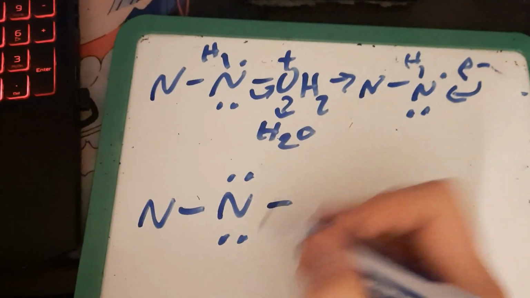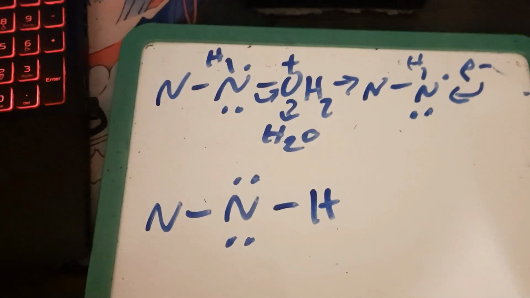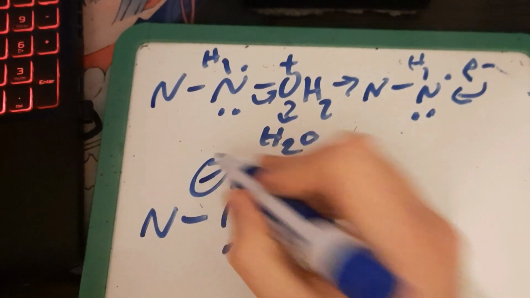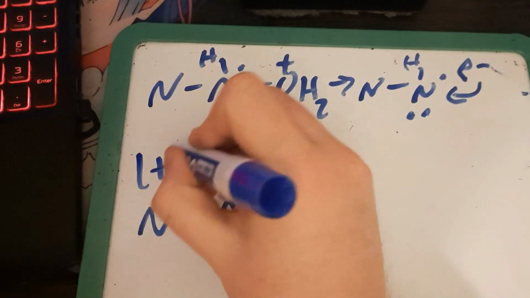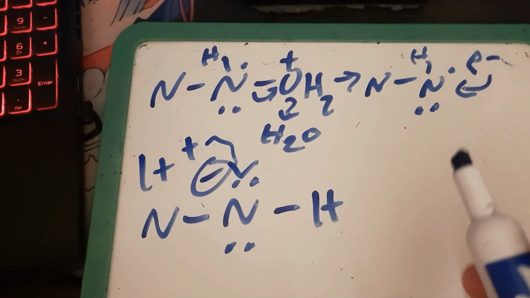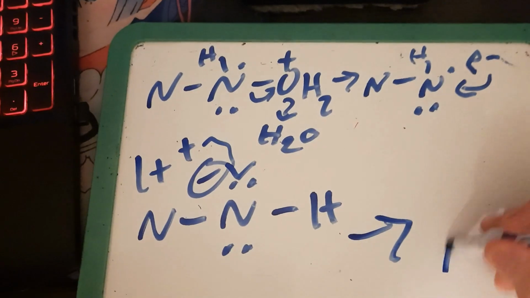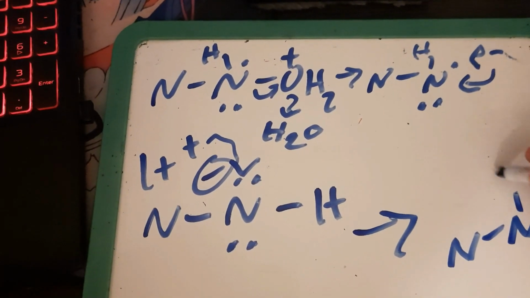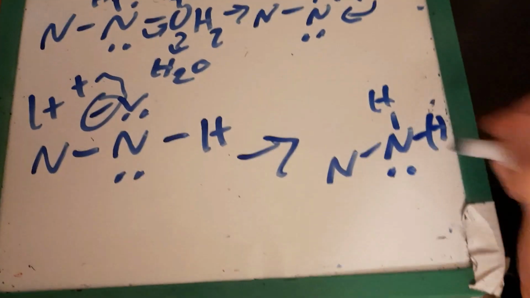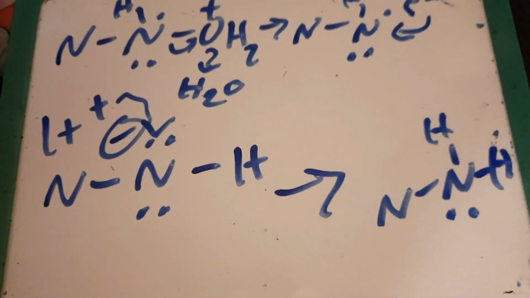I mean, 2 lone pairs plus an H. And now it has a negative charge, which attracts an H plus. And now we get N H that, which is the group. It's the amino group.